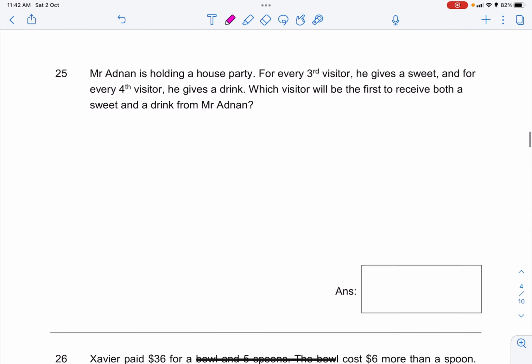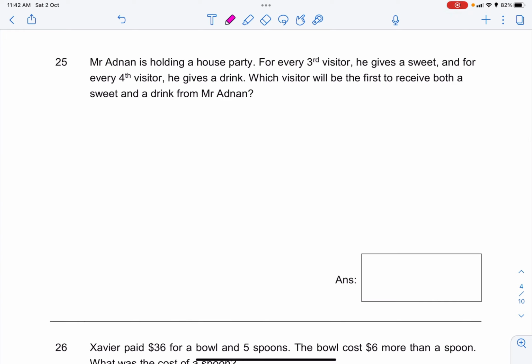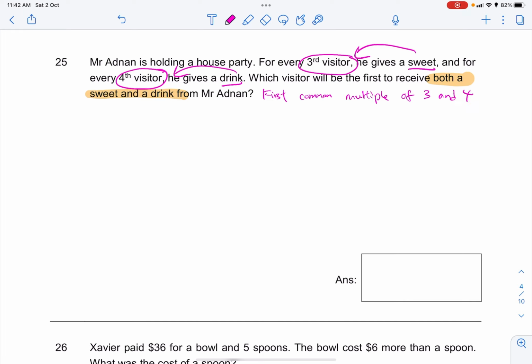Question 25. Mr. Adnan has a party. Every third visitor, that means first, second, third visitor, gets a sweet. And then every fourth visitor gets a drink. Which visitor will get both a sweet and a drink? That means we are looking at the first common multiple of 3 and 4.